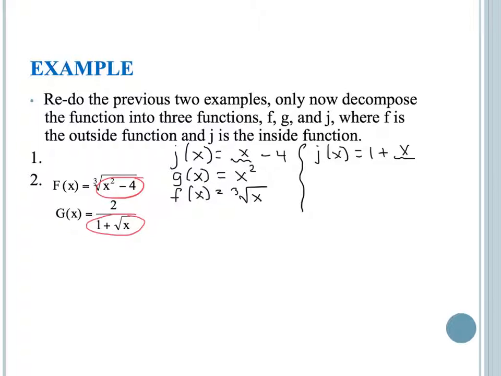And then to actually take my 1 plus x and make it resemble what I have down there, I would replace my x with the square root of x. All that's going to do is change my j of x component to plug in the square root of x. And for my f of x, I need to get a denominator in there. So I want to replace everything in the denominator with what I have from my previous 2 steps. And I think that'll give me what we want.